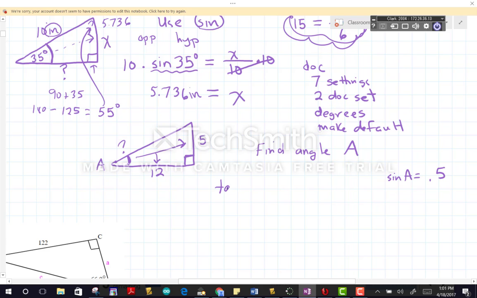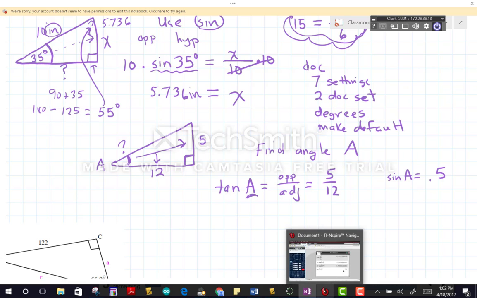So the tan of angle A is equal to the opposite over the adjacent, which is equal to 5 over 12. Okay? 5 over 12 is the tan of angle A. If that's all your problem asked you to find, that would be your answer.